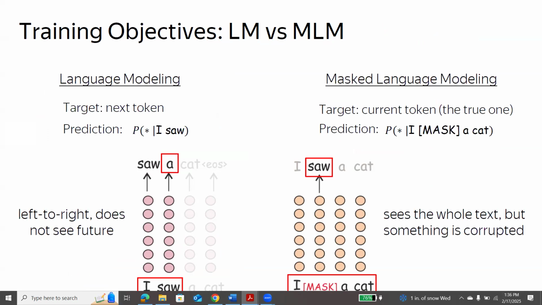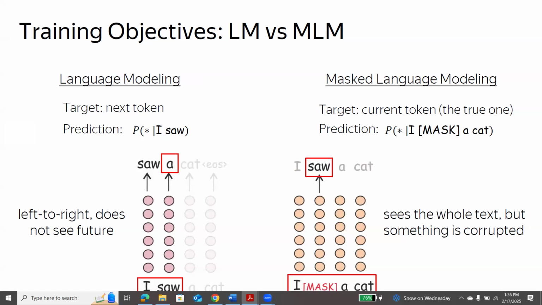And this slide represents the difference between a language model and this masked language model. In a language model, we train our model to predict the next token. In a masked language model, we train our model actually to understand the covered word, for example.